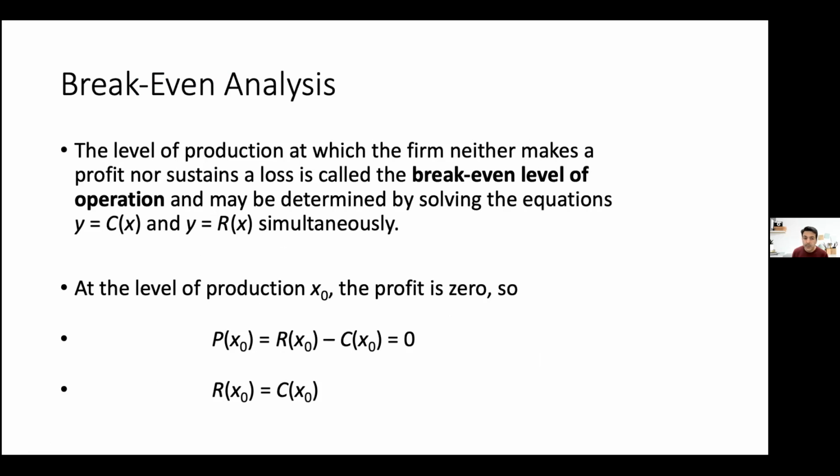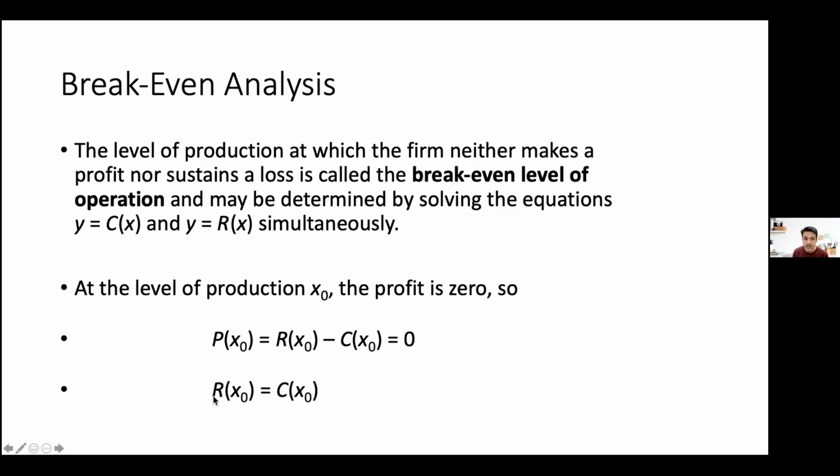And for the break-even point, if you remember, we just put the profit equal to 0. So the break-even point is the point where we're not going to gain any money, and we're not losing any money at that point. So we need to put these two equal to each other.